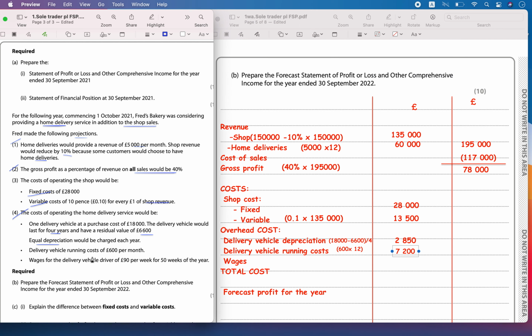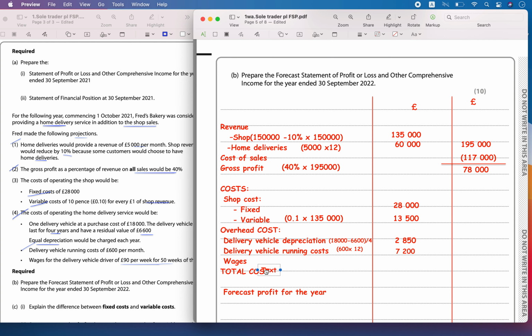Then you have wages. The wages are 90 pounds, and the number of hours worked is 50. So 90 times 50 is equal to 4,500.